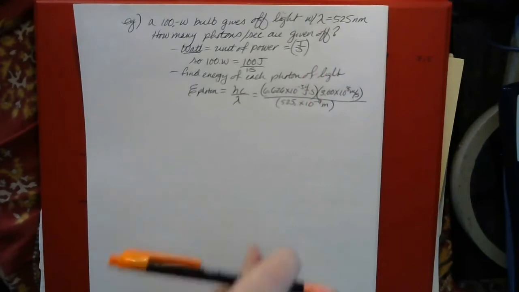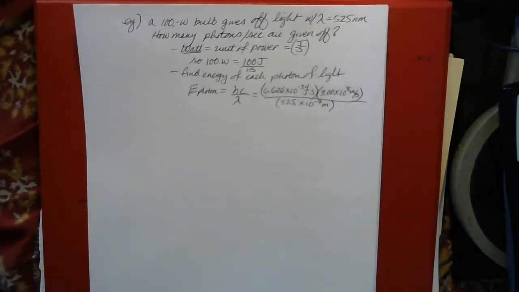Because again, a number does not have to be in proper decimal or scientific notation form unless it's the final answer to a question. And this is not the final answer. This is one of the numbers that's going into the answer. And in fact, the answer from this is not even going to be the final answer. So you can use it as 525 times 10 to the minus 9 meters.